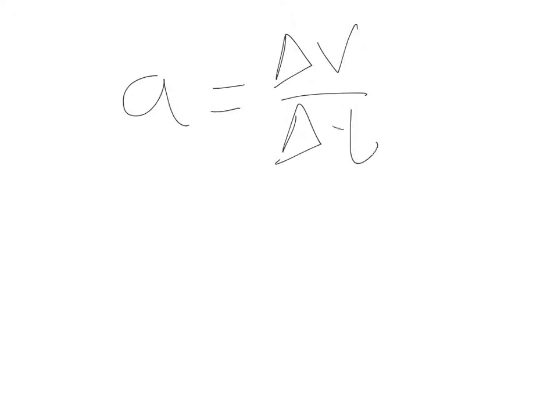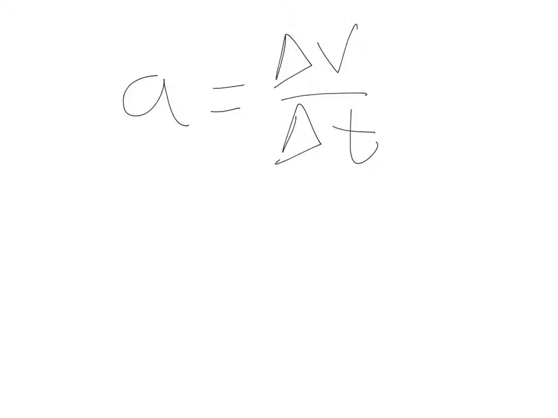A race car's forward velocity increases from 4 meters per second to 36 meters per second over a 4-second time interval. What is the average acceleration? So let's look at the formula, which is average acceleration is change in velocity over change in time.